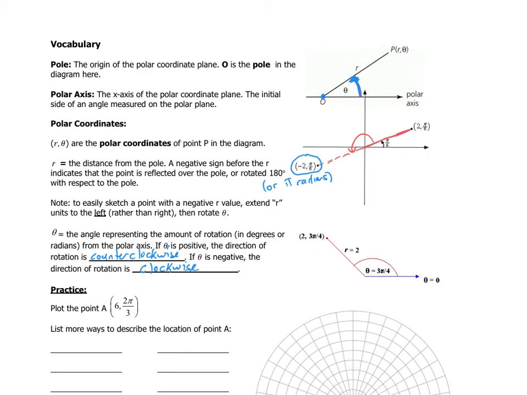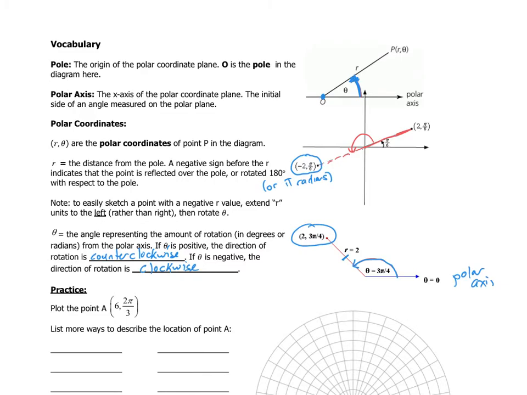So the point that we show here, for example, is the point (2, 3π/4), because it is a distance of 2 units from the pole, and the amount of rotation is 3π/4 radians from the polar axis. The polar axis is here.